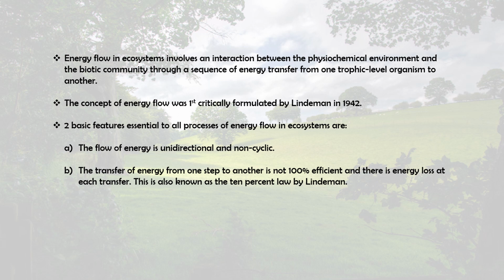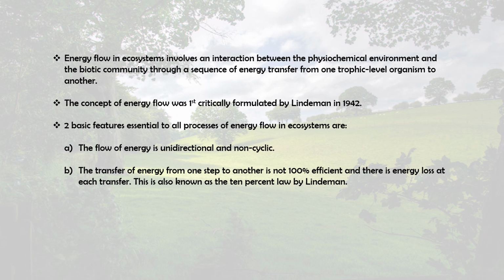So if the producers get 10,000 joules of energy from the sun, then the primary consumer will get 1000 joules of energy, and the secondary consumer will get 100 joules of energy, and the tertiary consumer will get 10 joules of energy, and this continues on.